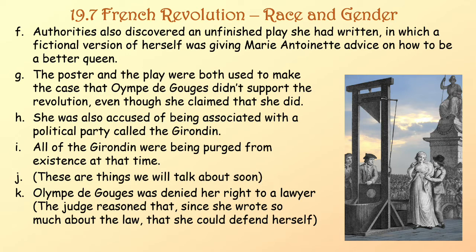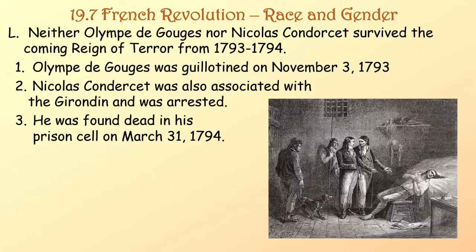She was also accused of being associated with a political party called the Girondins. All of the Girondins were being purged from existence at that time, and these are things that we're going to talk about soon. Olympe de Gouges was denied her right to a lawyer. The judge actually reasoned that since she wrote so much about the law, she could defend herself.